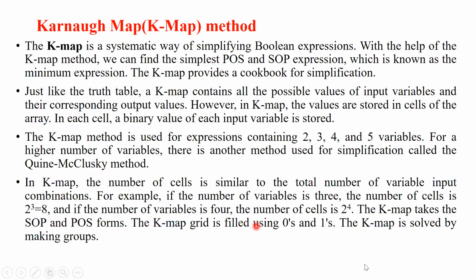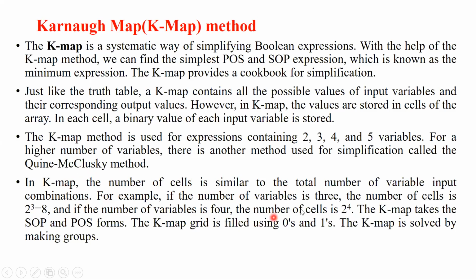Now remember something about the K-map. In the K-map, we will make a table, an array kind of table with rows and columns. Then there we will enter the values. Okay, so how many rows and columns should I make? That I have to understand. In the K-map, the number of cells is according to the number of input variables.